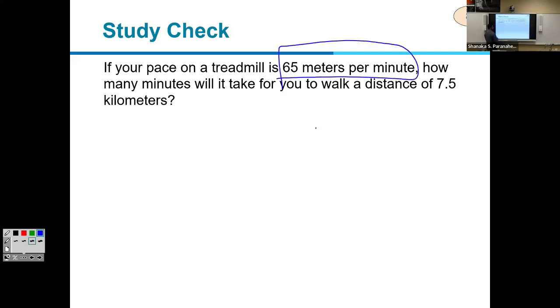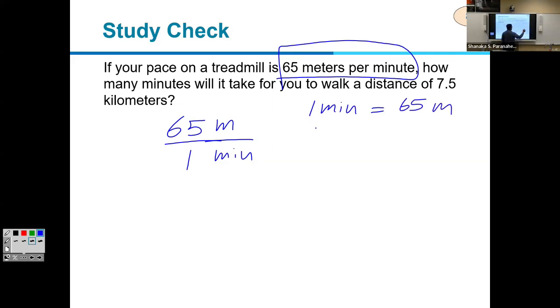65 meters per minute means it's going to be a ratio. A ratio of 2 units is always a factor. So this converts minutes into meters or meters into minutes. This tells us 1 minute of pace is equal to 65 meters. You should be able to identify equations like that.